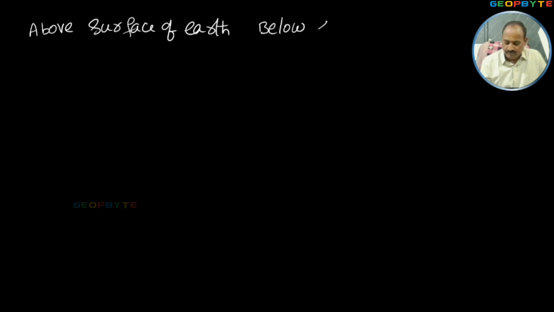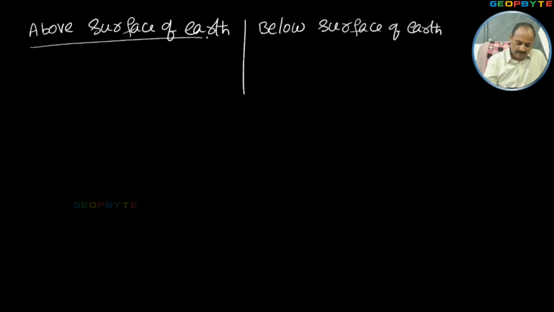Above the surface of the earth, the acceleration due to gravity we are assuming as g1 equal to g R square by (R plus h) whole square.